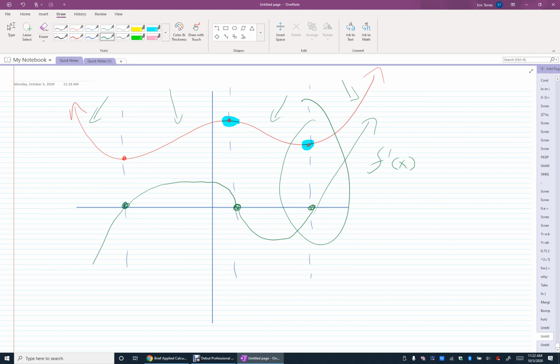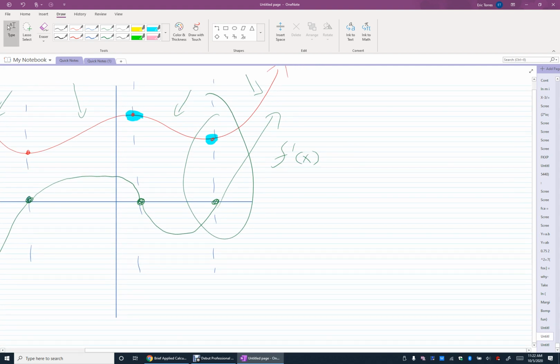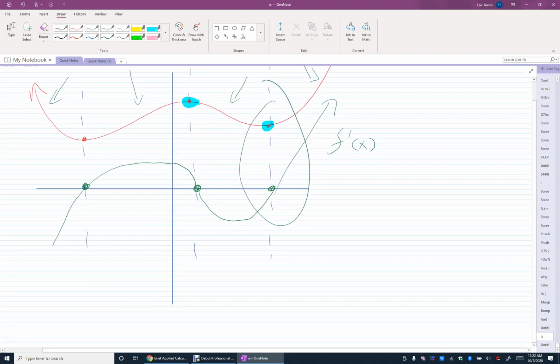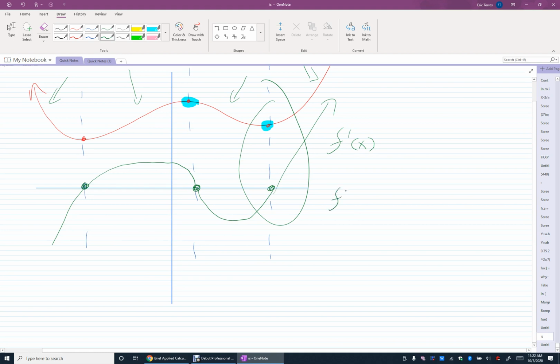Now we're talking about creating functions that are derivatives, and we actually have formulas. And what we notice is that every one of these points on this function are x values that make my derivative go to zero. So we did this before graphically.